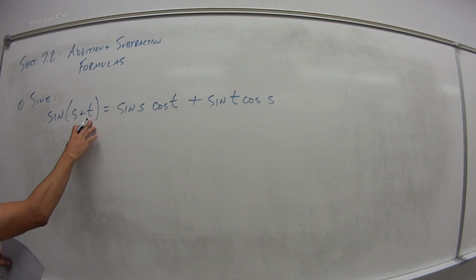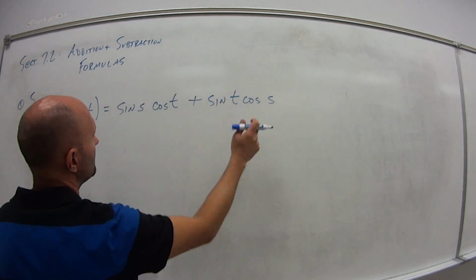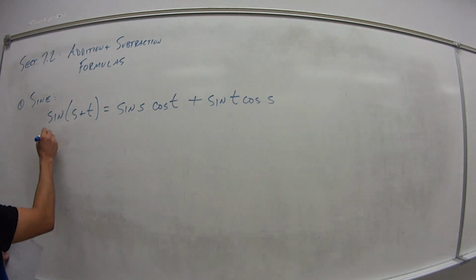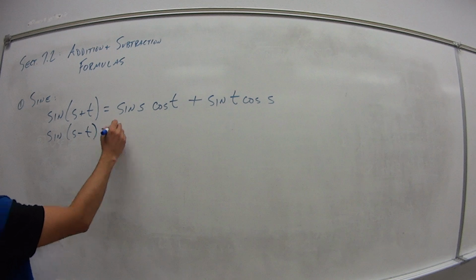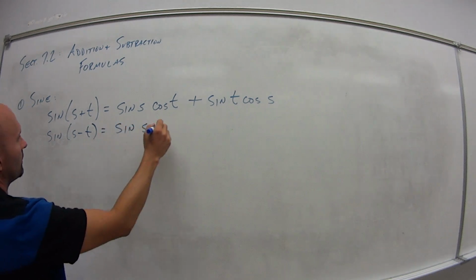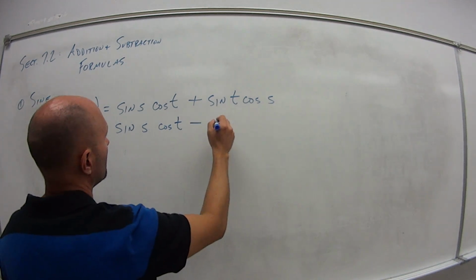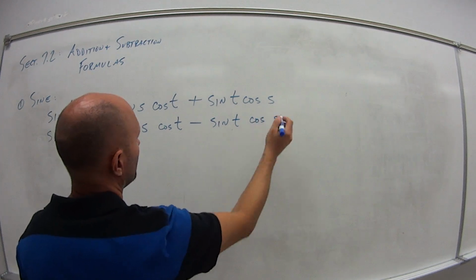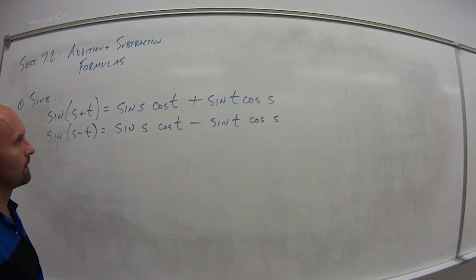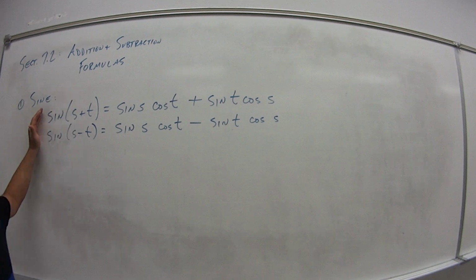So sine of s plus t is sine of s cosine of t plus sine of t cosine of s. And sine of s minus t is sine of s cosine of t minus sine of t cosine of s. So this is our addition subtraction formula for sine.